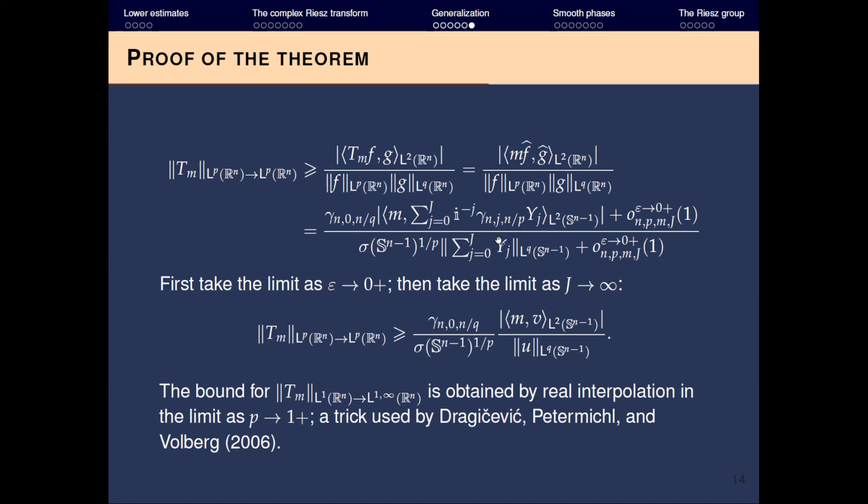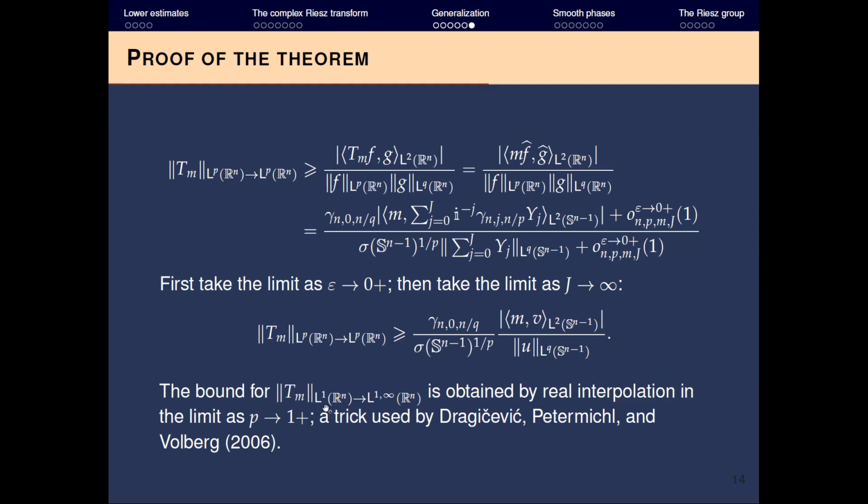Write this in polar coordinates, just as integration on the sphere, because integration in the radial direction is trivial. And then, of course, you have those expressions, and you have errors of smaller order. Then first let epsilon go to 0, and only then let the number of terms go to infinity, and you get the lower bound that we wanted. And that's about it.